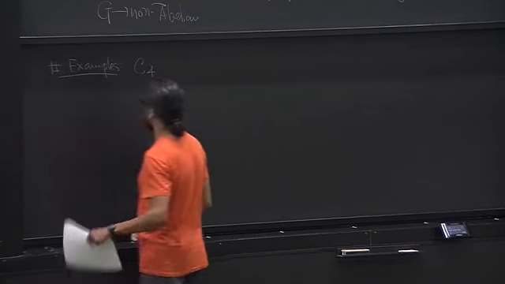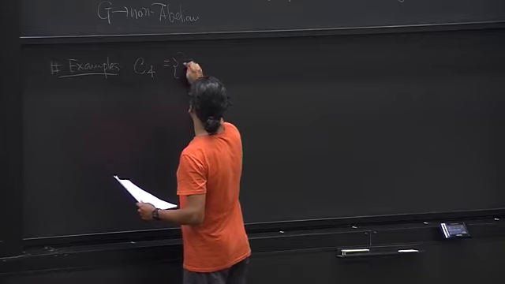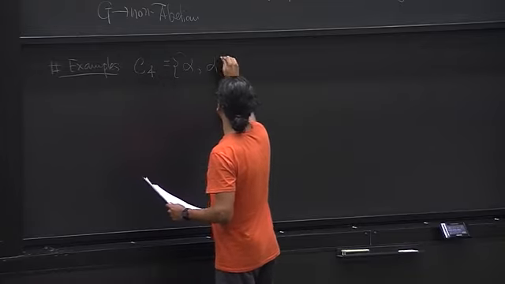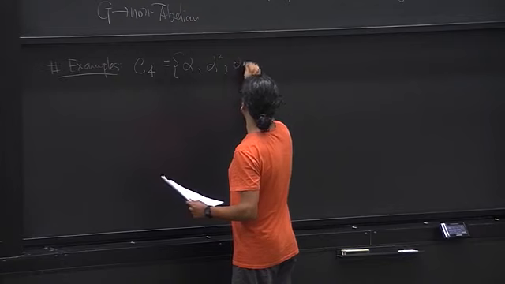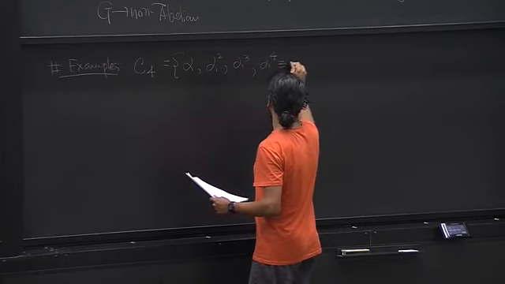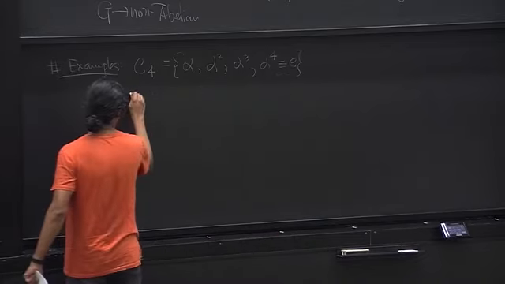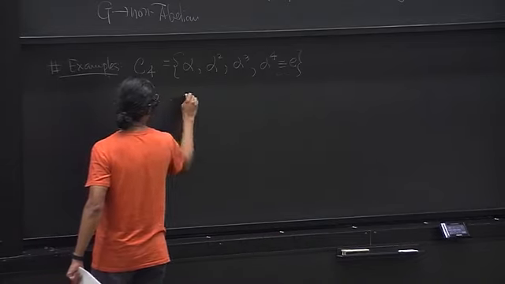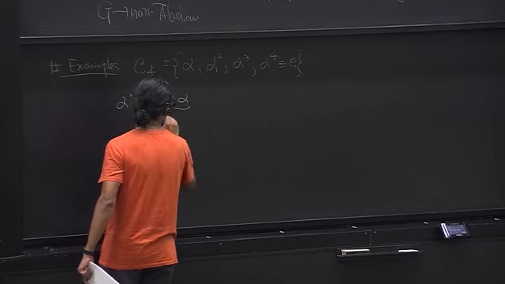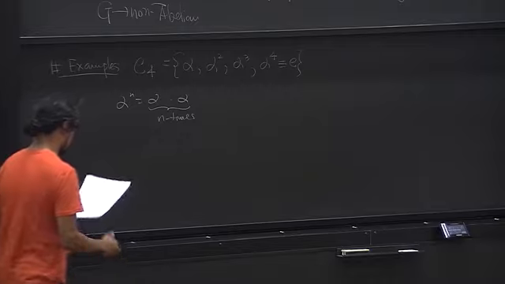This is called C4. It consists of 4 elements: alpha, alpha squared, alpha cubed, alpha 4, which is the identity element. By alpha n, I mean alpha multiplied n times. So this is known as a cyclic group.